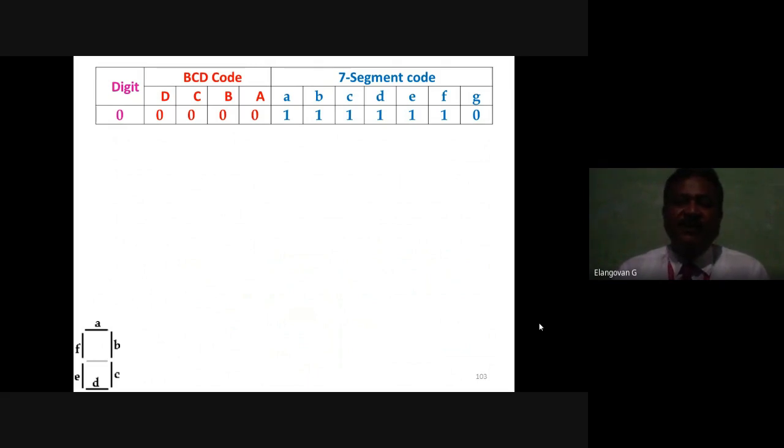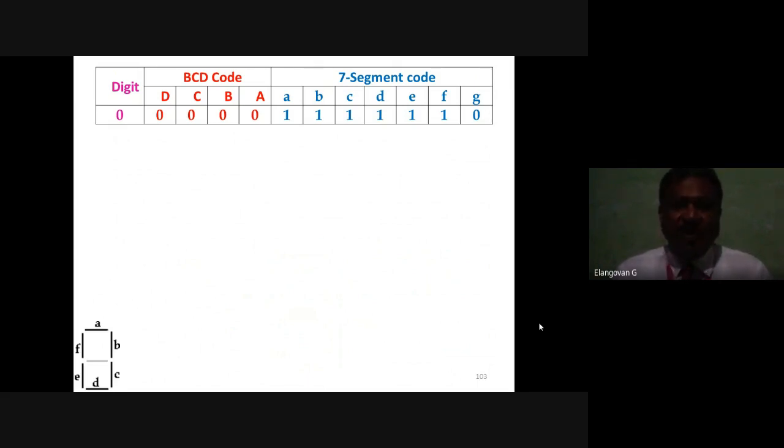To display 0, only G has to be turned off and all the others are on. This is an example considering the common cathode configuration. If the anode becomes 1, each segment LED is going to turn on.